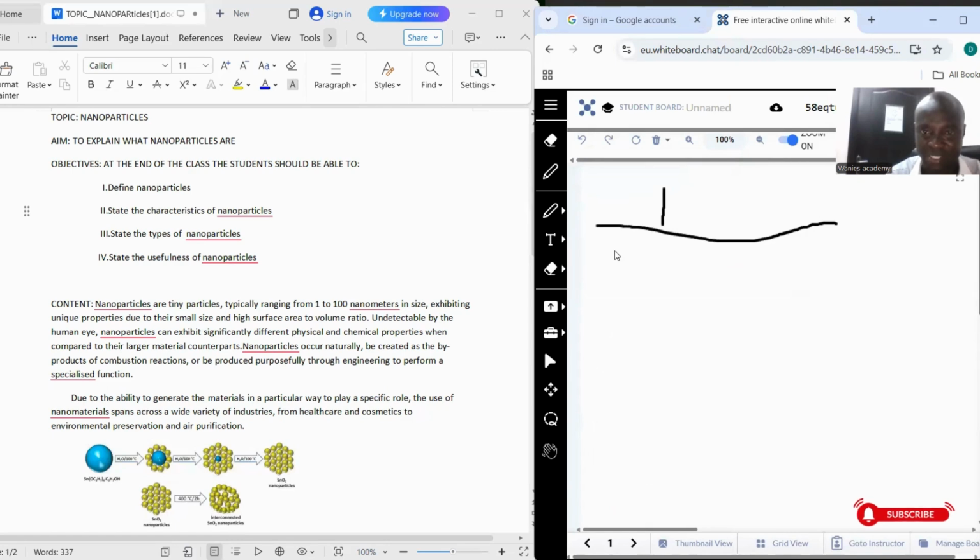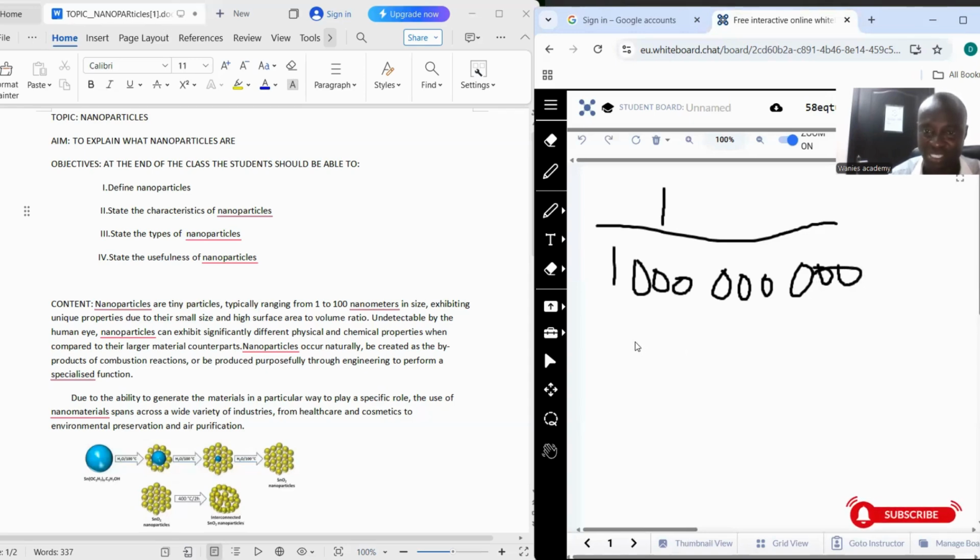A billion is known to have 9 zeros. So a nano is 1 billionth, 1 out of a billion. That is what nano is in measurement. So this is extremely small in size.